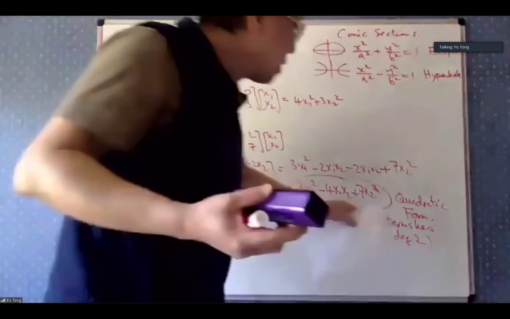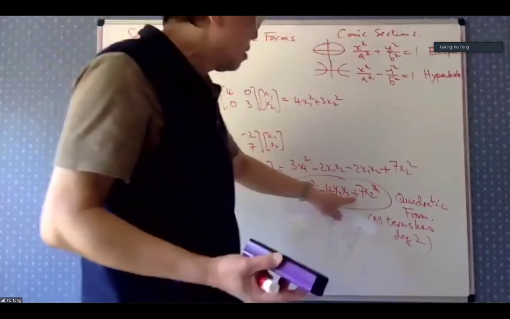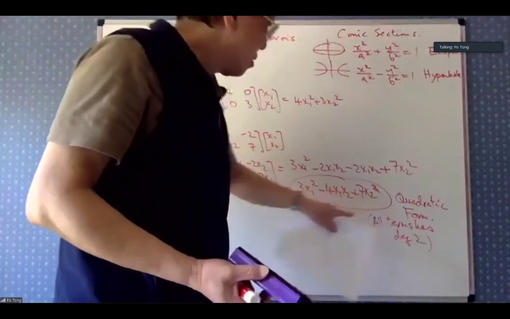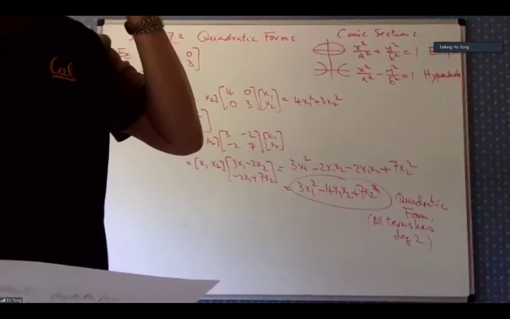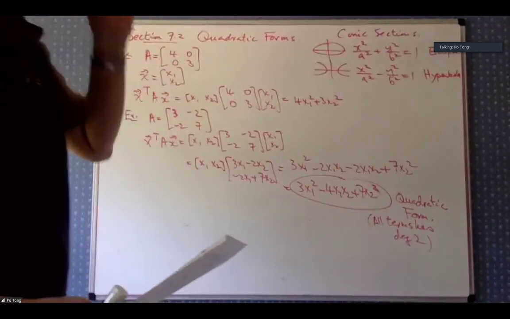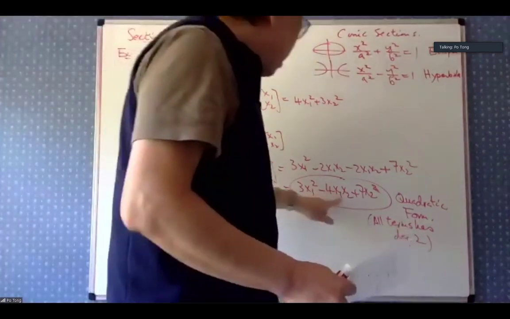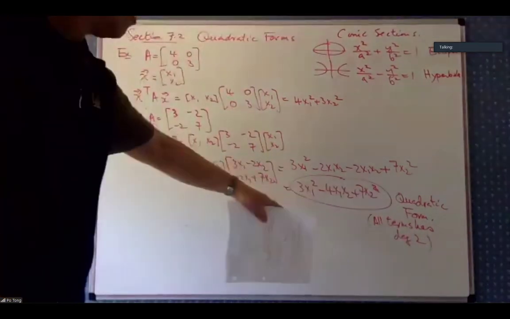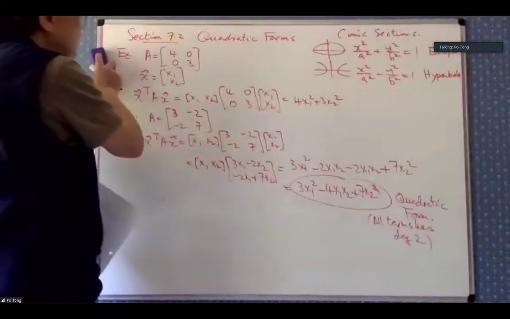Do you guys understand the definition of quadratic form? Hopefully, basically all the terms in these variables have degree 2. You can have more than 2 variables, like 3 variables. In that case, the matrix will be 3 by 3. So let's do an example here.